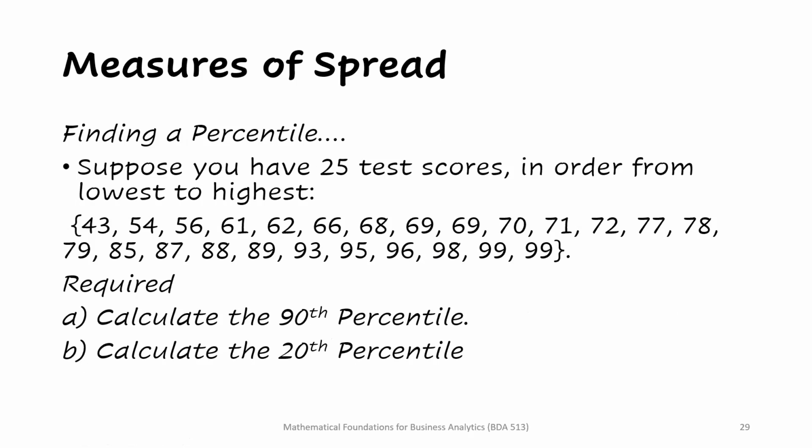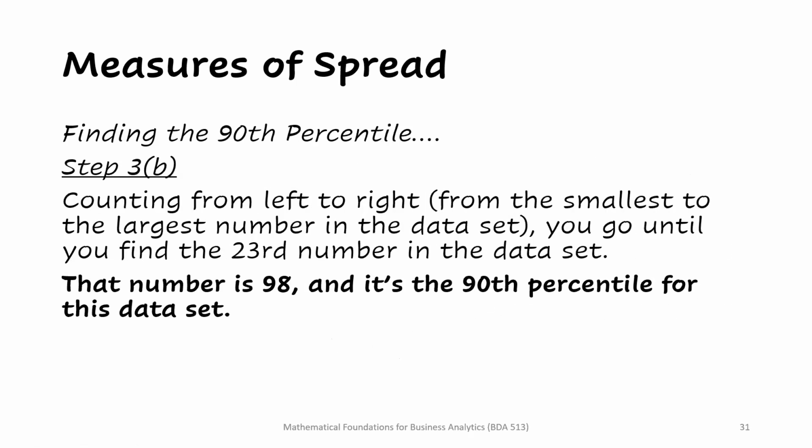Because it's not a whole number, we rounded it up to 23. So 23 is the 23rd number in our ordered data set, and that number is 98. So this is our 90th percentile for this data set.